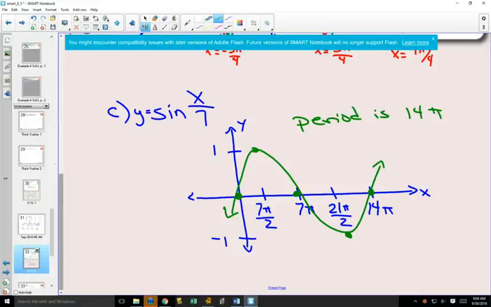And our period is 14 pi. C and D deal with changes to your period.